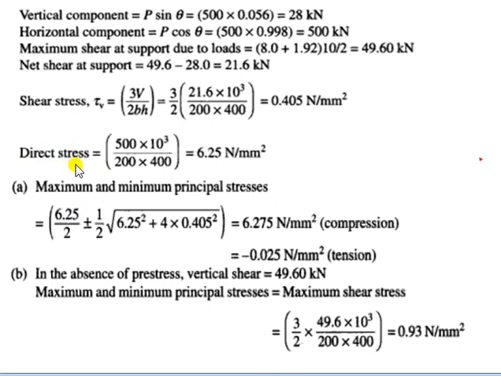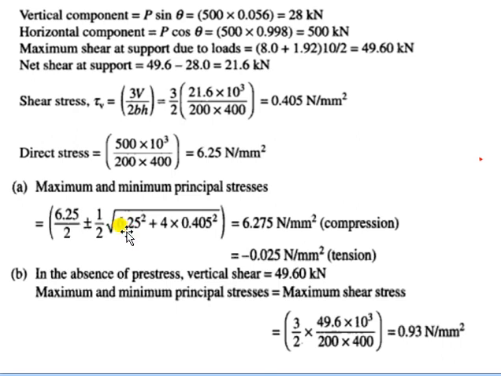So the direct stress f of x is equal to P by A, which is 6.25 Newton per mm square. Considering the first case: 6.25 by 2, plus or minus 1 by 2 into the square root of f of x square plus 4 tau v square, since f of y is equal to 0.